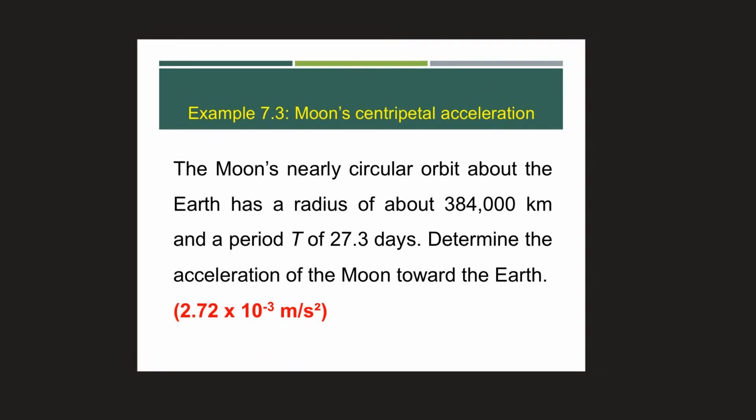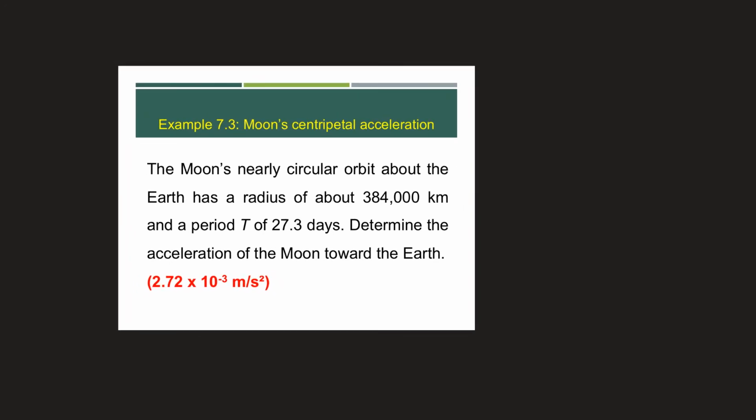So this is another exercise, which is practically very easy. The question asks you to find the centripetal acceleration. But now we need to find the period in seconds first, so 27.3 days.